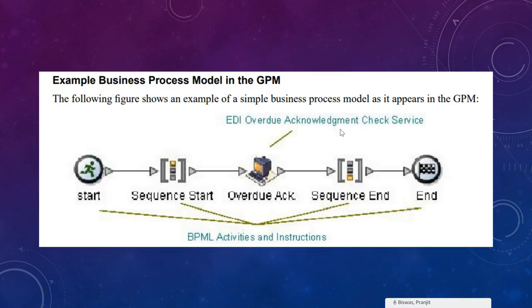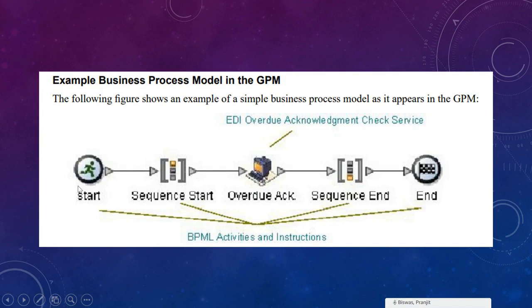Now, having said that, in the next example, I've just given a simple business process model of a workflow. Here, it shows an EDI overdue acknowledgement check service as a service. And in the beginning, if you see, there's a start, and at the end, there is an end, right? This is a mandatory stencil that you need to have.